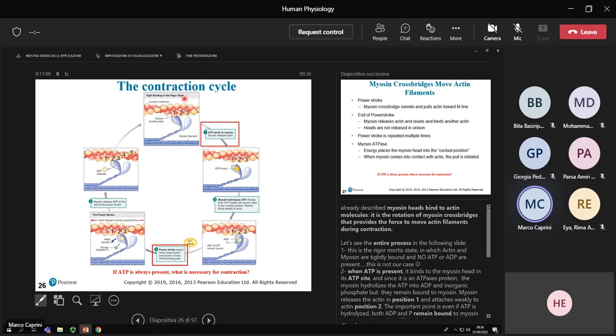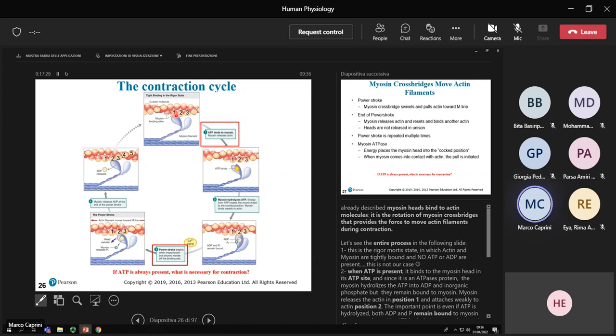As you can see here, the first step is called the rigor state. Obviously, we are not in the rigor state, fortunately. But let's start from here, where the myosin is bound to actin at point 1, actin number 1.